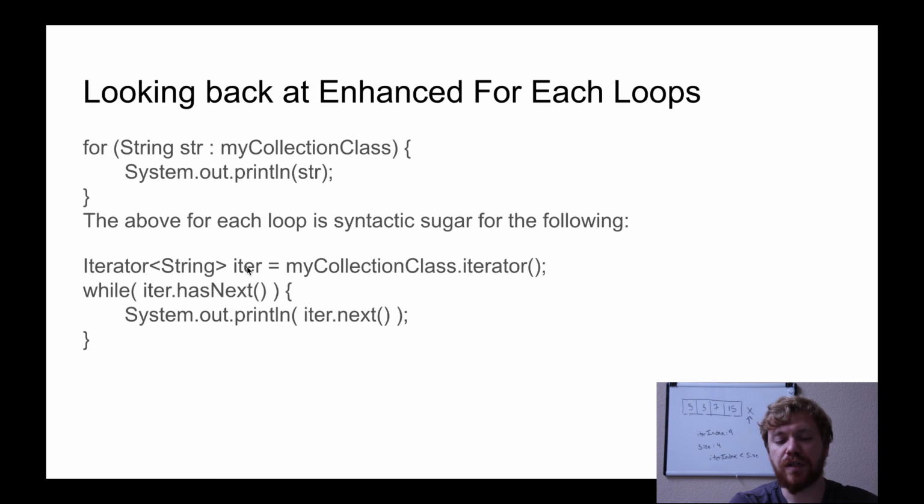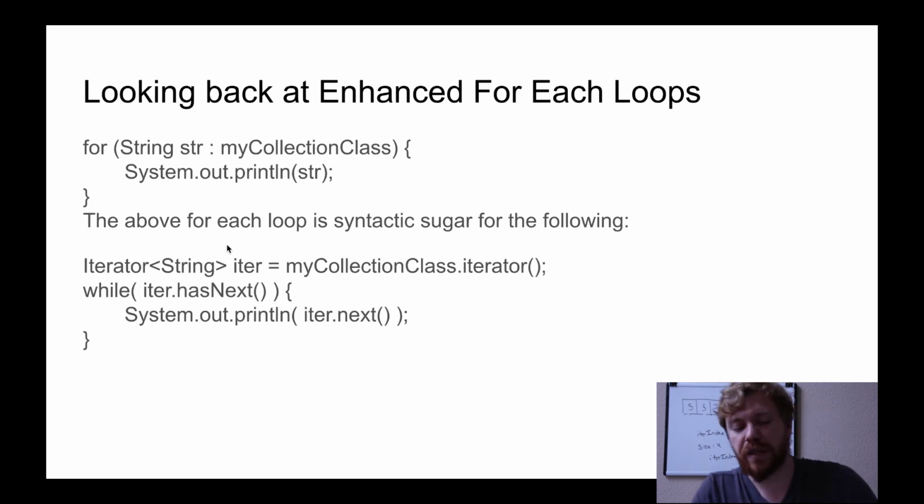Iterator of type String iter equals myCollectionClass.iterator, and then while myIter.hasNext, print iter.next. So this is calling the actual methods, the hasNext, the next. All of this is done for us inside of the enhanced for loop, or these for-each loops. This is why its readability and ease of use are increased, because we no longer have to worry about these method calls or even the Iterator interface at all, really.